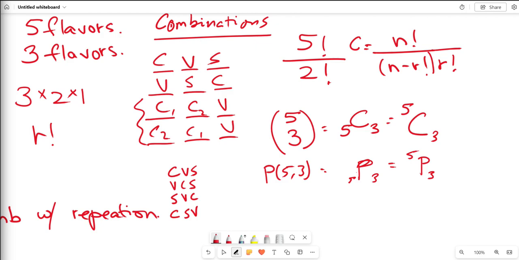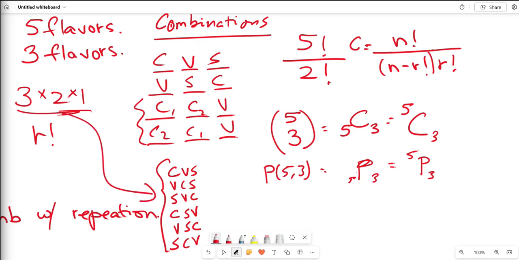V's in the first spot: VCS, VSC. And then S in the first spot: SCV, SVC. So here's your 6 combinations, which is basically the 3, 2, 1 factorial or r factorial, as the various ordered combinations of the same. And so these 6 combinations all will get combined when you divide this by r factorial.